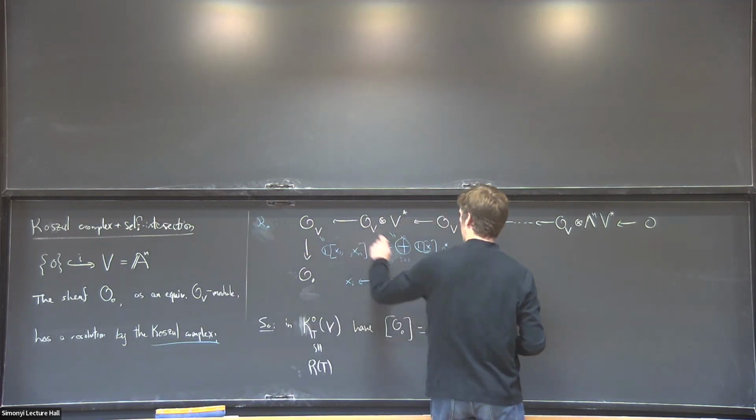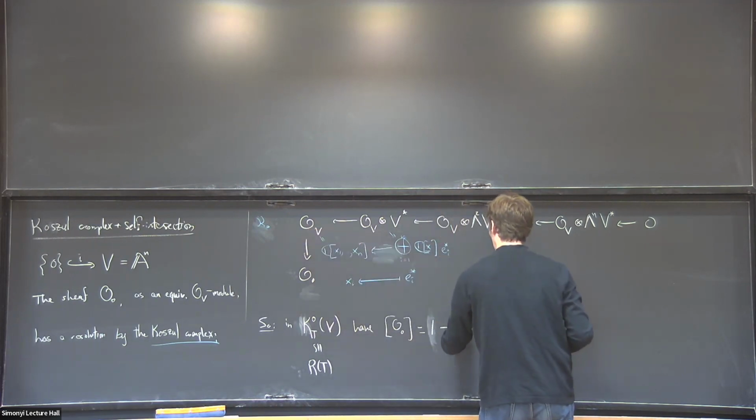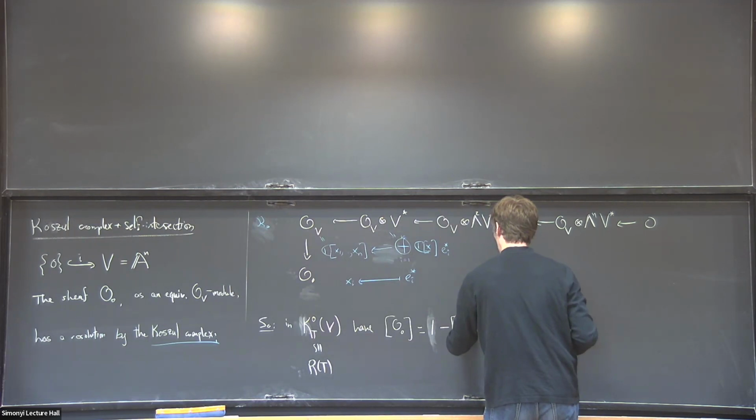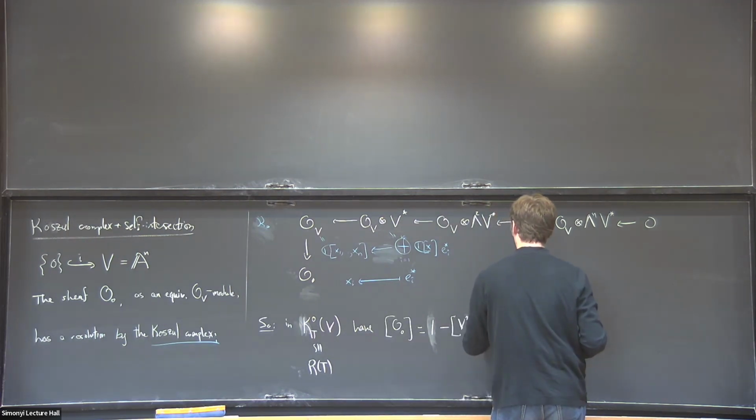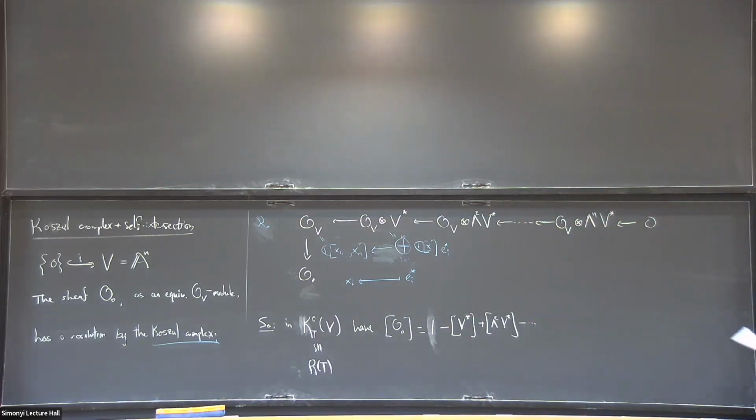an alternating sum. So O of V is 1, and this is V dual plus wedge 2 V dual, and so on.